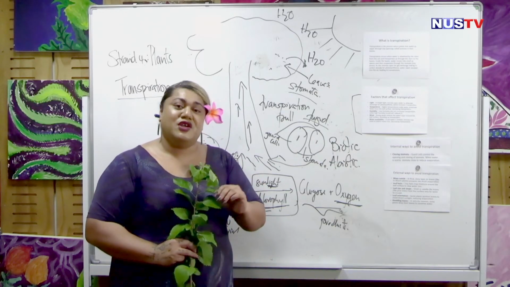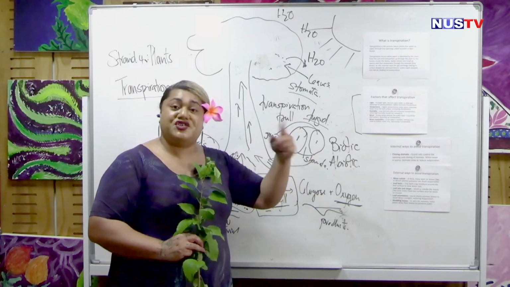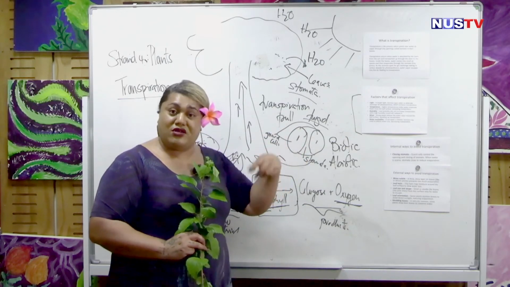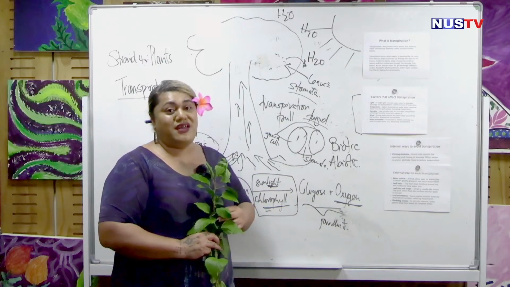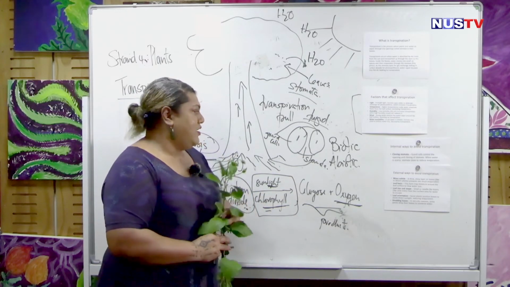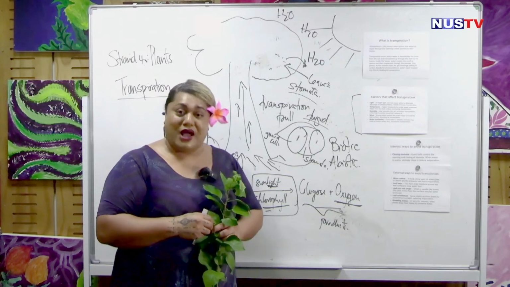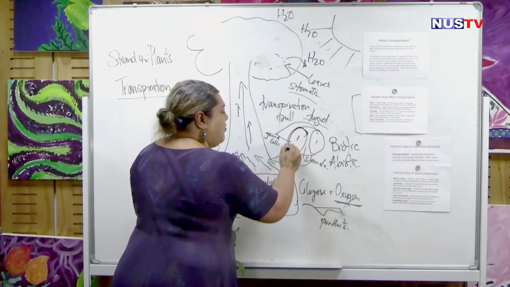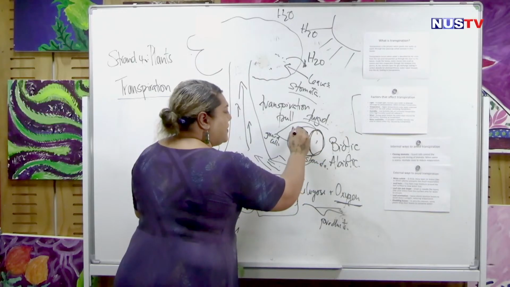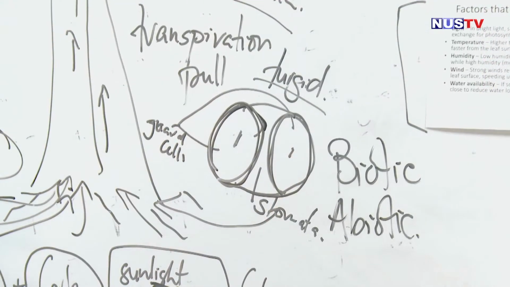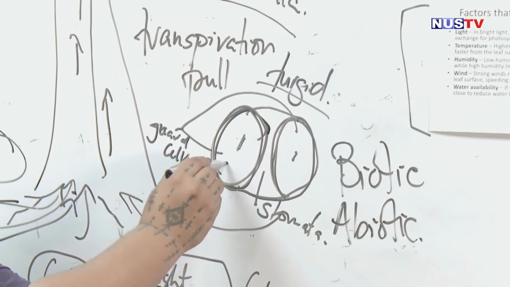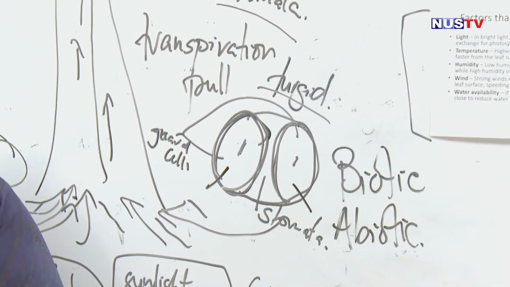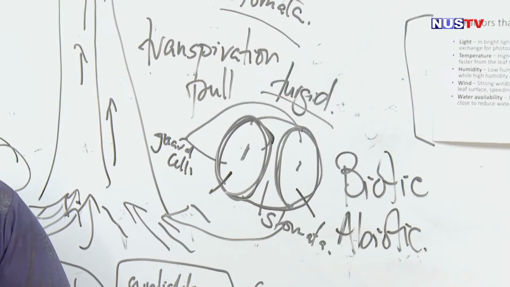At the same time, during photosynthesis, gas exchange of carbon dioxide and oxygen is exchanged through the stomata as well. Remember, the stomata are surrounded by guard cells. Guard cells control the opening and closing of the stomata. So when water enters the guard cells, the guard cells become turgid, and the stomata open.